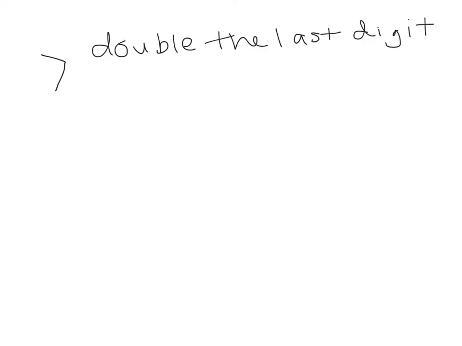And then once I do that, I'm going to subtract it from the number I had left. So let me show you how that's done. It sounds a little complicated, but once you get the hang of it, it's pretty easy.